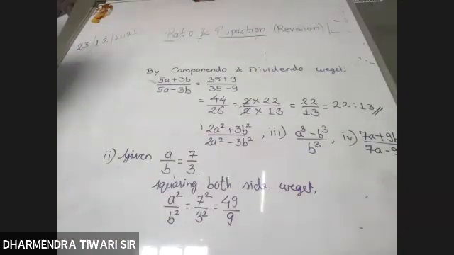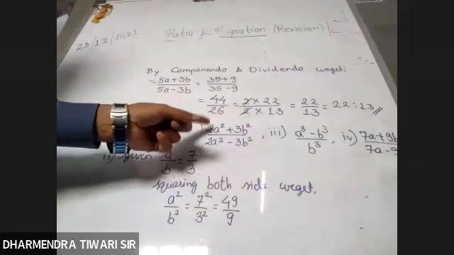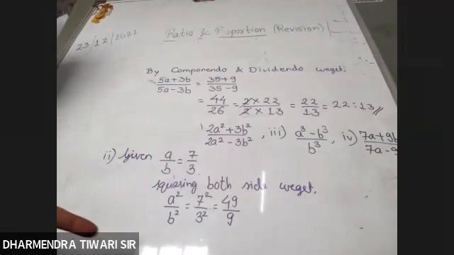But this is the value of a square and b square. The actual demand is what? They are asking us to find the value in terms of 2a square, meaning there should be 2 along with a square and 3 along with b square.